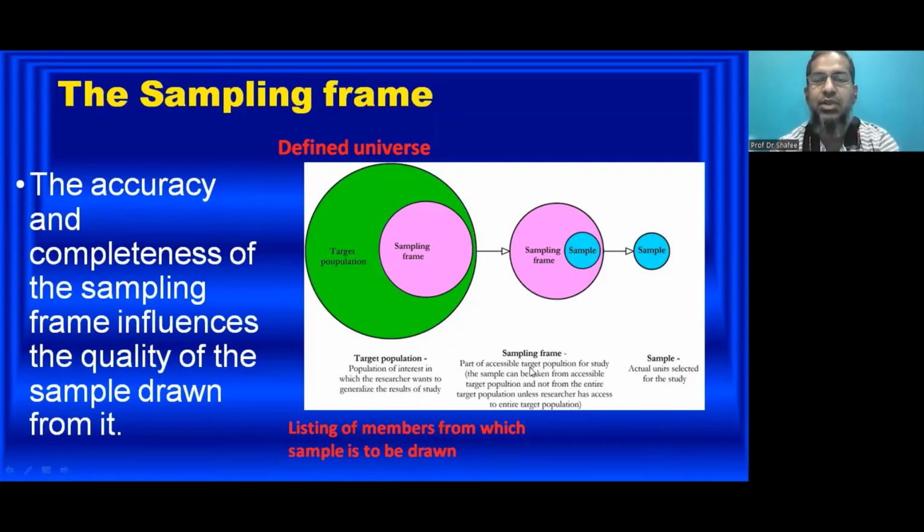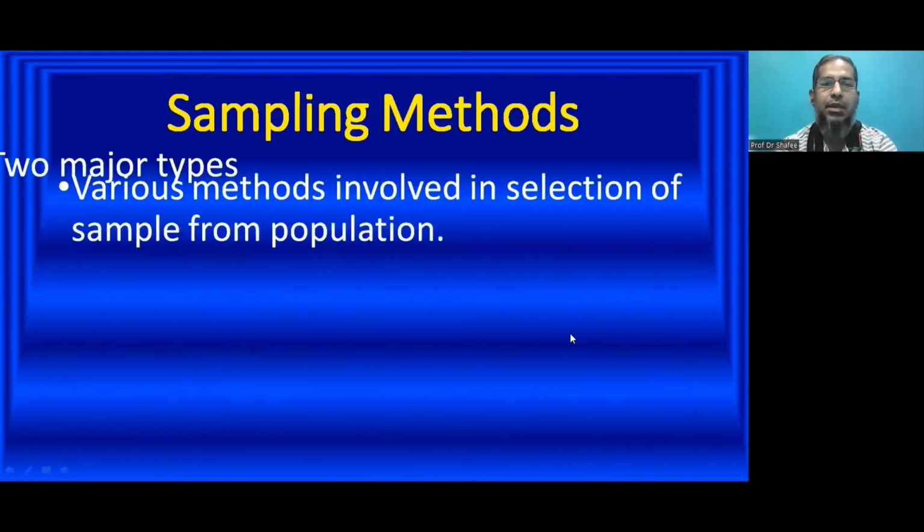So the sampling frame will be the number of people from a target population to whom the researcher has access and can draw the sample from. When we actually draw the study subjects and take a sample, that will become the sample for our study. So the listing of members from which the sample is to be drawn is the sampling frame.